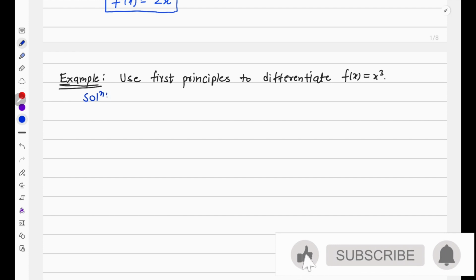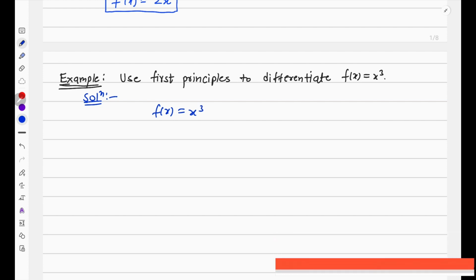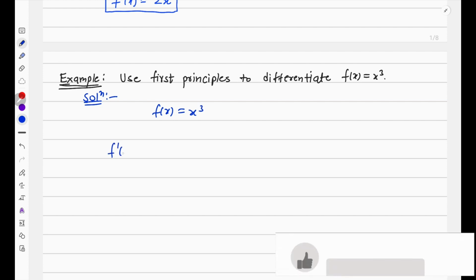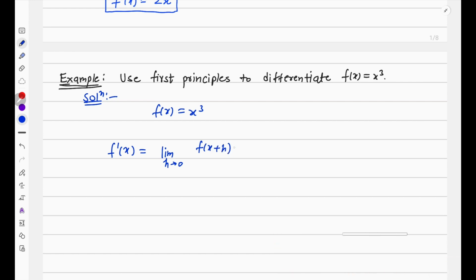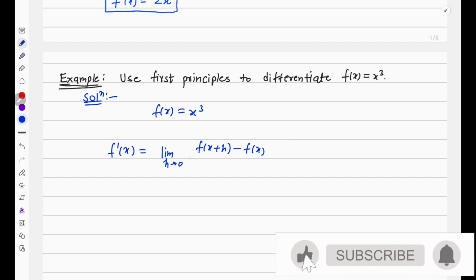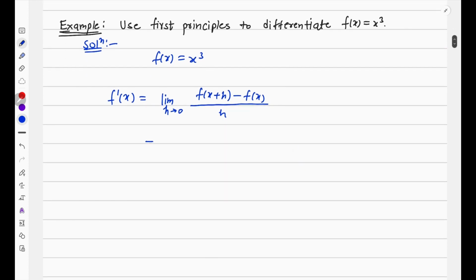So for this we have the function f(x) equal to x cube. Now using the first derivative principle, f'(x) is defined as the limit as h approaches 0 of (f(x + h) minus f(x)) over h. Here we can substitute x plus h in the function, that becomes ((x + h) cube minus x cube) over h.